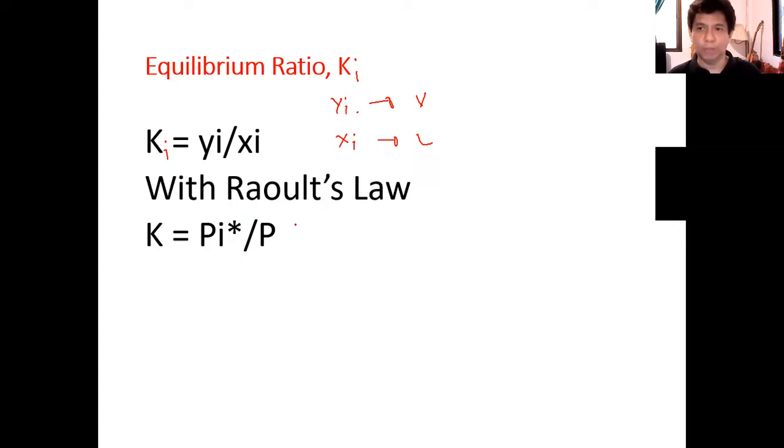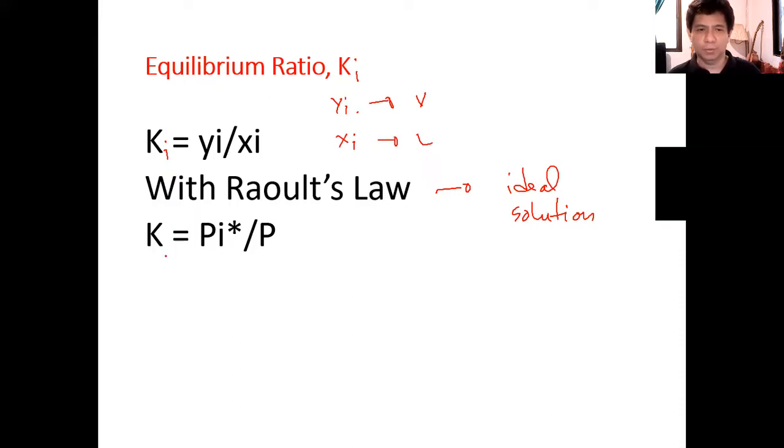When your solution follows Raoult's law, it means it's an ideal solution. We're going to assume that it's an ideal solution. It's more difficult when you really need computer simulation, when it doesn't follow Raoult's law. When you use activity coefficients and fugacity, it becomes tedious to do manually. So let's stay with the ideal solution. It follows Raoult's law.